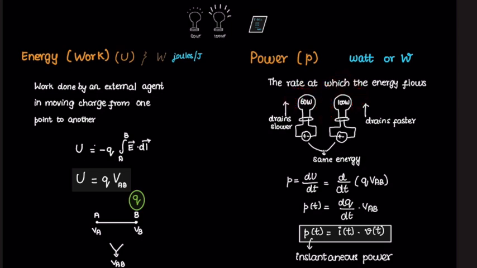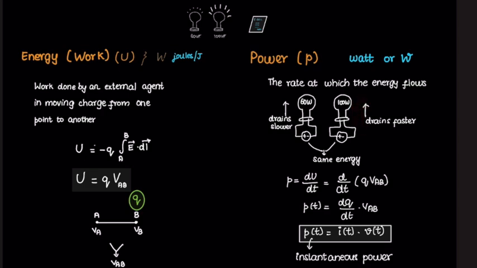Why is this so? The energy that I'm supplying is the same, but the power that it utilizes is different. My 60-watt bulb utilizes the same amount of energy over a prolonged time, whereas my 100-watt bulb consumes the energy much faster. So we experience slower draining of the battery with the 60-watt bulb and faster draining with the 100-watt bulb.